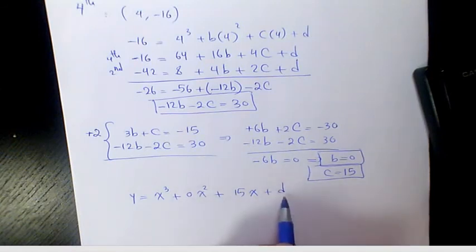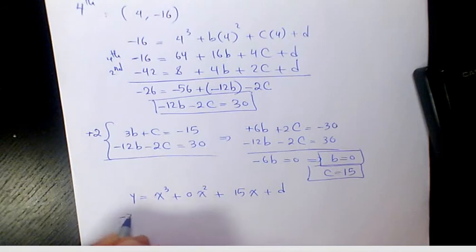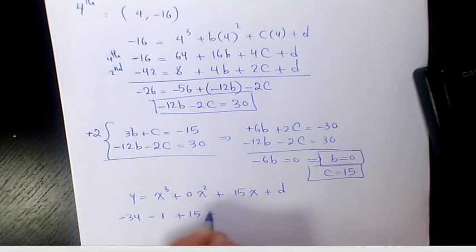We don't have d, so we just use any of these points. Let's use the first point. Negative 34 equals 1, this one is 0, minus 15 plus d.